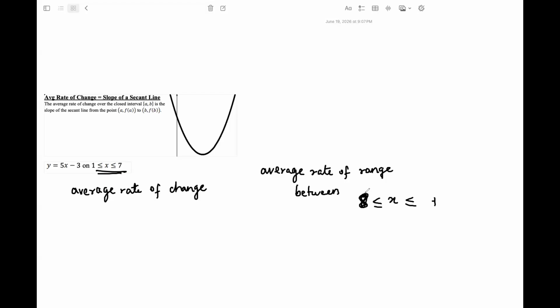Can we try this one? This is your function. Clearly this is a linear function. Can we try the average rate of change in this interval and in this interval?